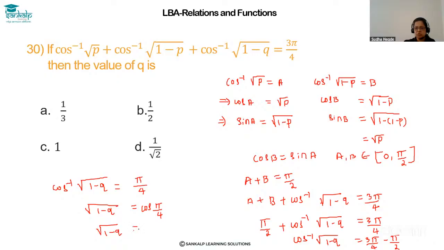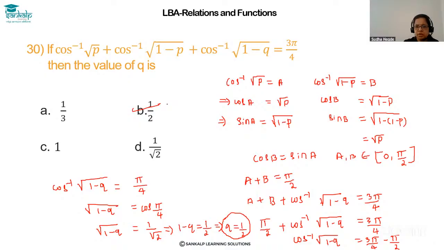So root 1 minus Q is equal to 1 by root 2, implies 1 minus Q is equal to 1 by 2, implies Q is equal to 1 by 2. So Q is equal to 1 by 2 is the answer. Check the options. It's option B. Q is equal to 1 by 2.